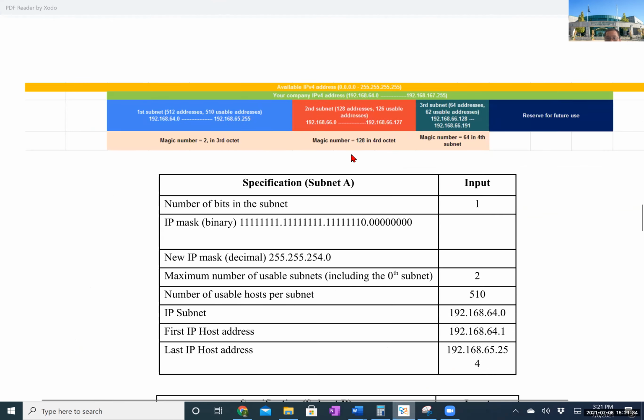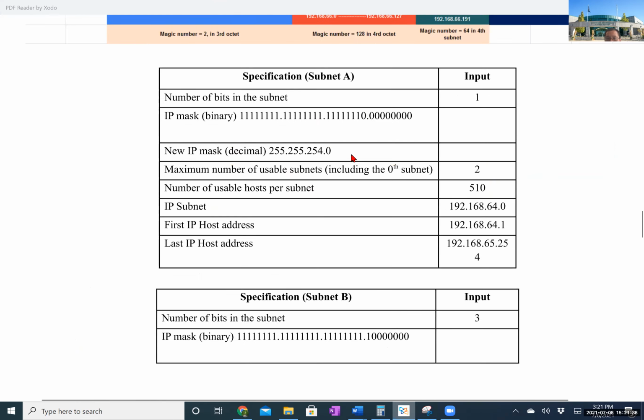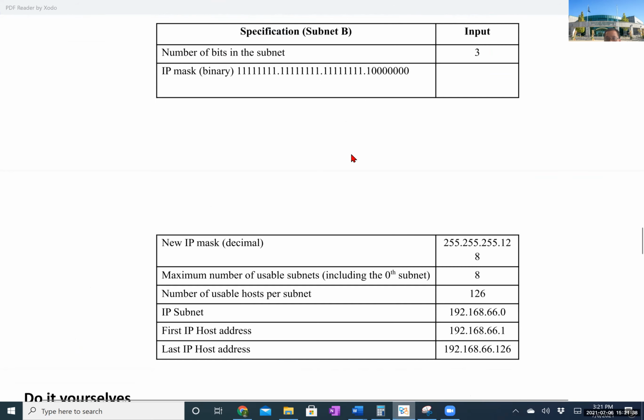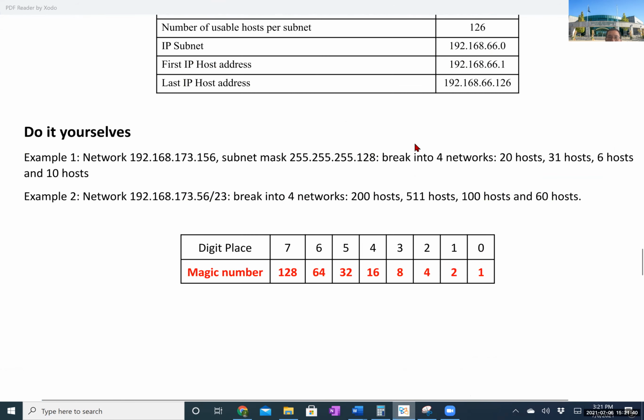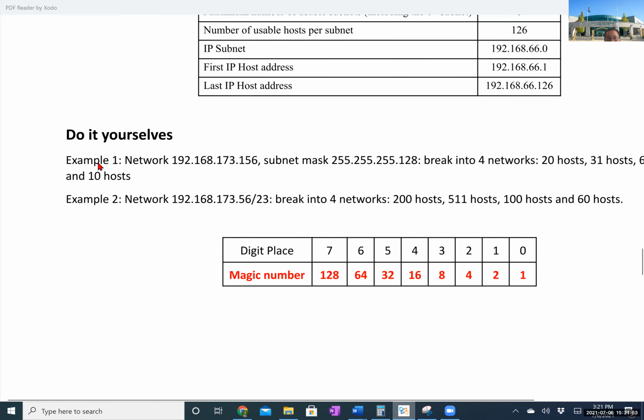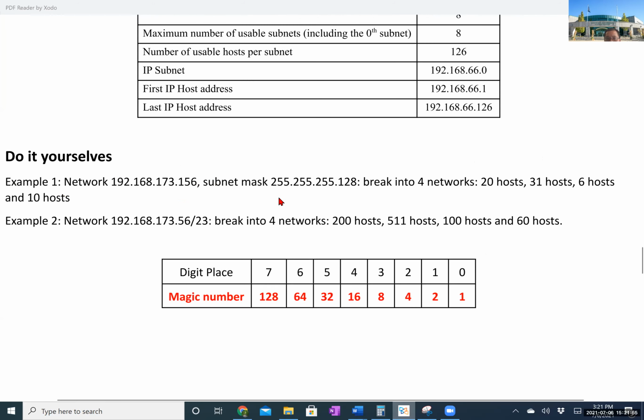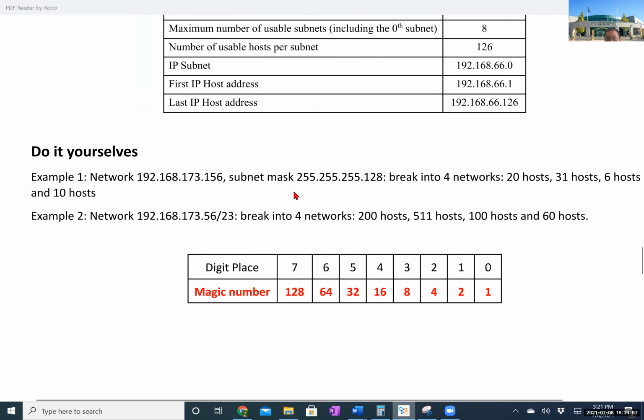Now you can try by yourself for this one. Sorry, this one I have to modify. This one's not correct here, but for this one here, you can work on this one. You can practice by yourself.